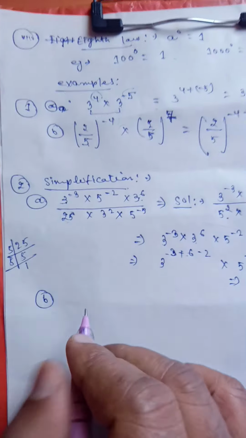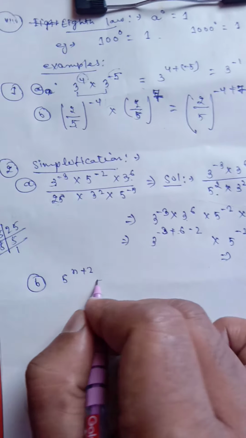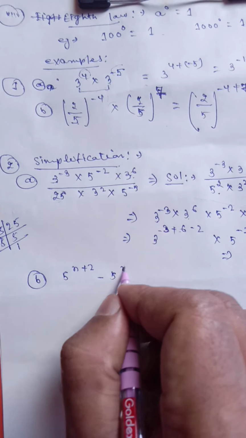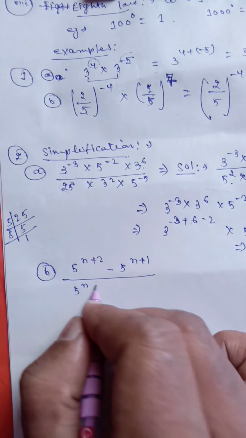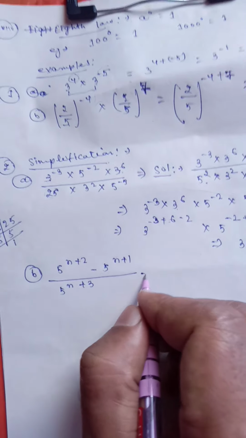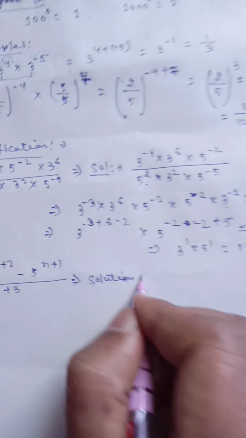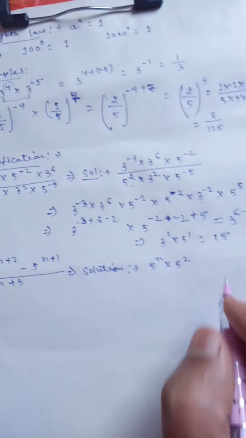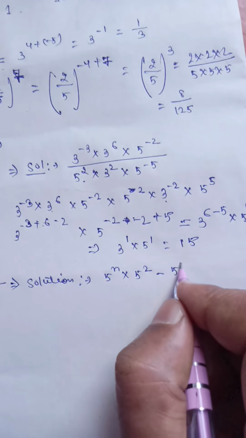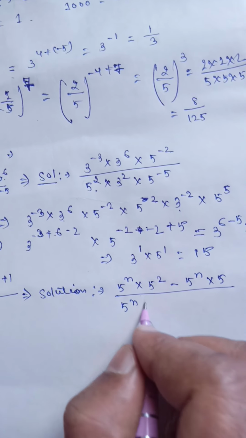Now see another question. 5 raised to power n plus 2 minus 5 raised to power n plus 1 upon 5 raised to power n plus 3. This number should be written as, during solution, 5 raised to power n into 5 raised to power 2 minus 5 raised to power n into 5 upon 5 raised to power n into 5 raised to power 3.